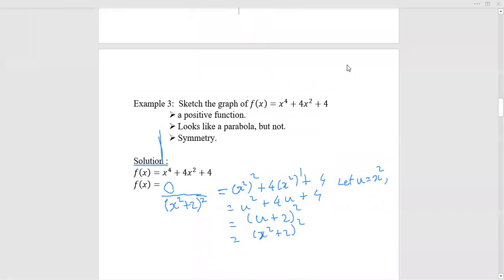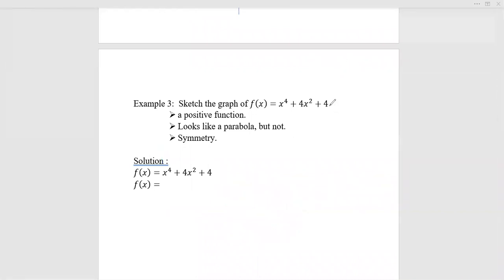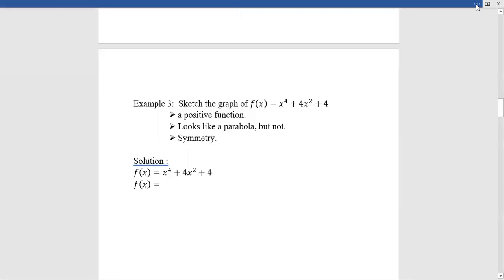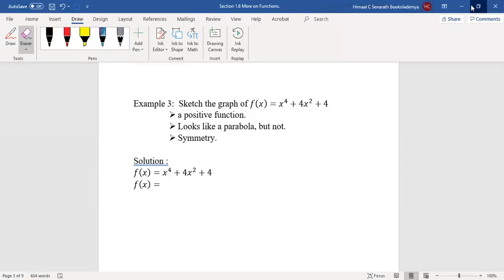Okay, I got to erase this thing to move on. Okay, we found factors.